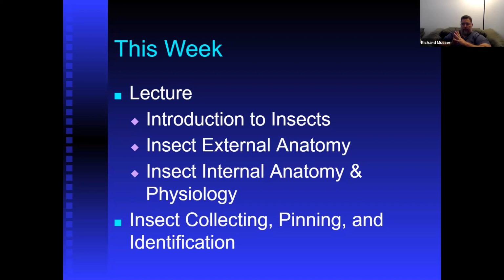Some countries are still plagued heavily by mosquito-borne diseases, like malaria, for instance, which is a protist that is secreted by the insect or the mosquito saliva that is a parasite of red blood cells. So there's all sorts of things about insects that make them important for our study.